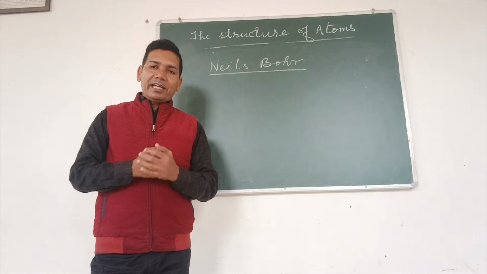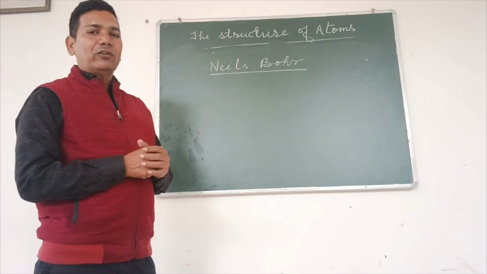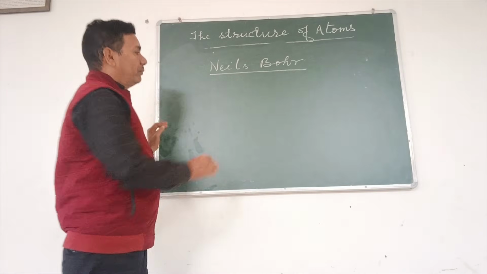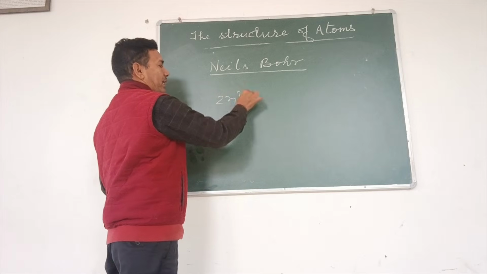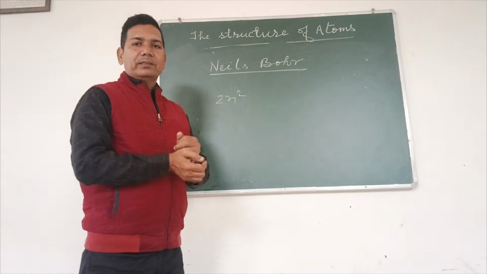Another drawback regarding the fixation of the number of electrons on different orbits was also removed by Niels Bohr by proposing a formula, 2n², where n is the number of the orbit.